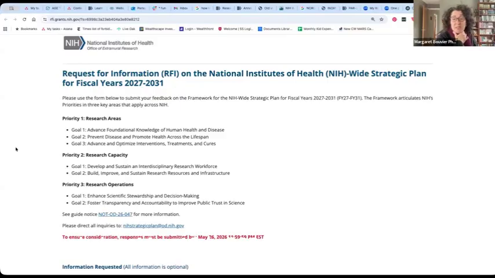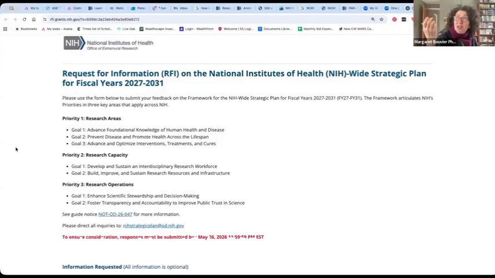So from time to time, NIH or a specific institute will issue a request for information from the scientific community. It could be about any number of things, but they're often about some sort of strategic planning process. I always think people should participate in these. I would be all over these things if it were me.